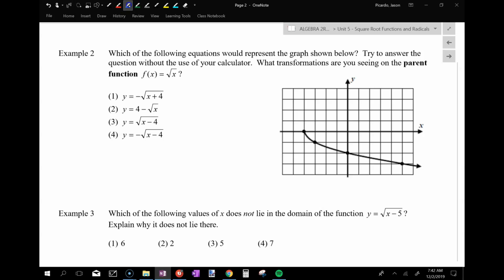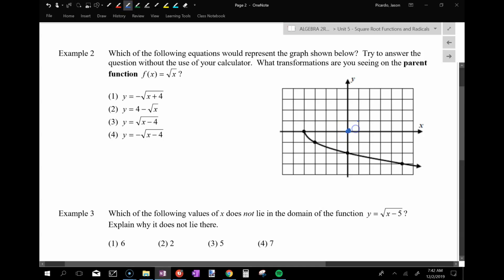So if I started with this curve, right? If I started with this, what did I do to this to get this? Right? What did I do to this to get this? Anybody want to venture a guess as to something that we did? So there's a shift and a reflection, okay? No doubt about it.